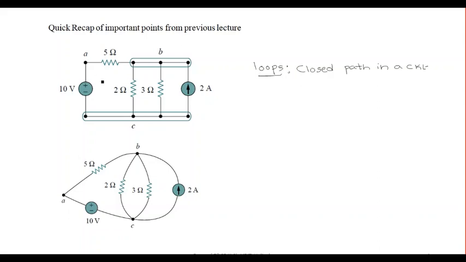I can consider this as loop 1, this one as loop 2, this one as loop 3, and also an outer loop that we have.